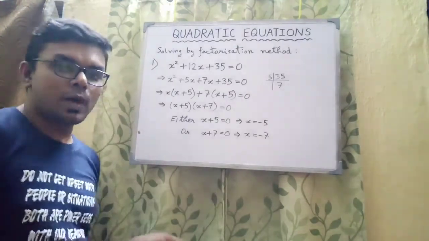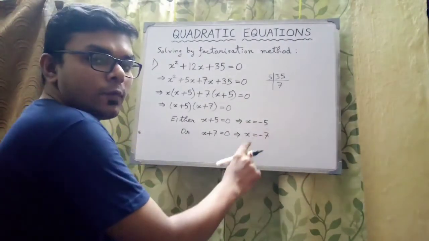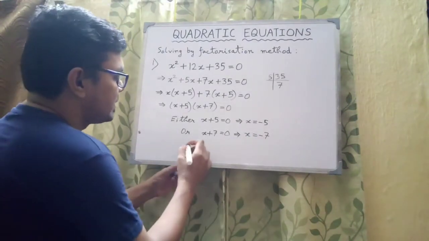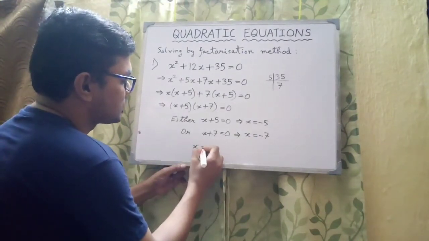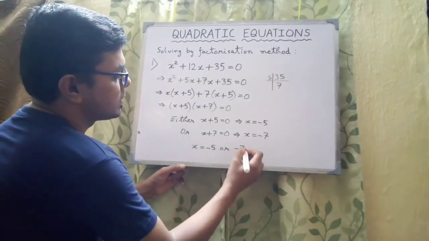So as I told you, a quadratic equation always has two solutions. So we have x equals minus 5 or x equals minus 7. Therefore we can write x equals minus 5 or minus 7.